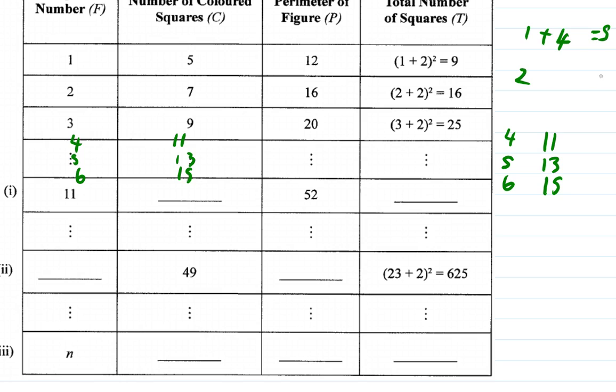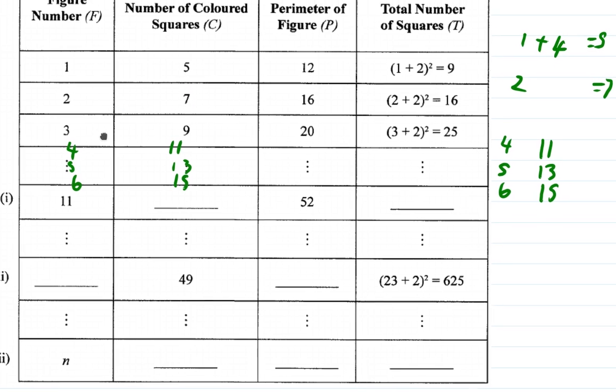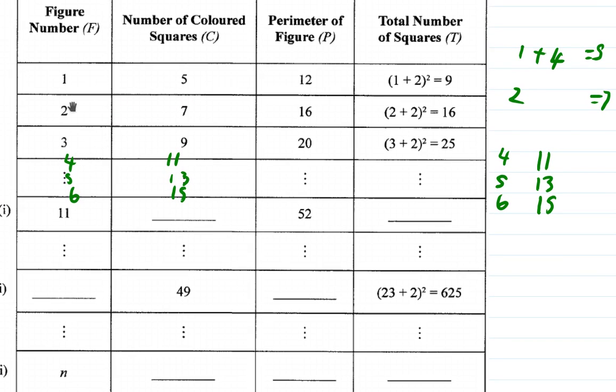Something happened to 2 and you have equals 7. Remember, we're looking at these figures here: the figure number is 2, and the number of squares is 7. If you say 2 plus 4, you get 6, not 7. But suppose you say 2 plus 4 plus 1, you get 7. 2 and 4, 6, and 1, 7.